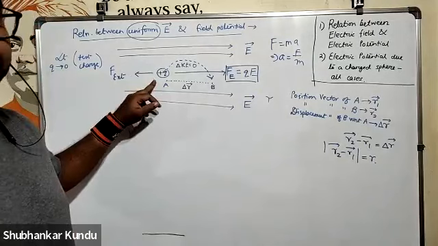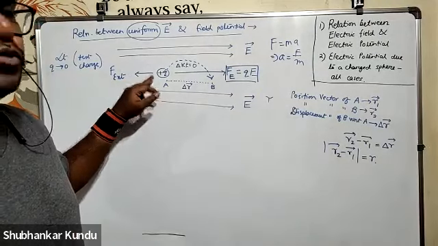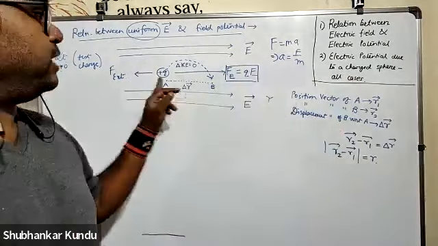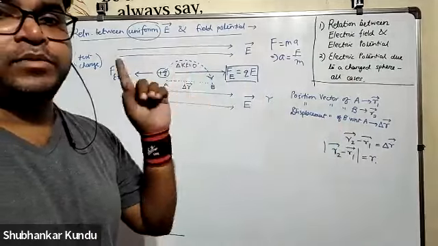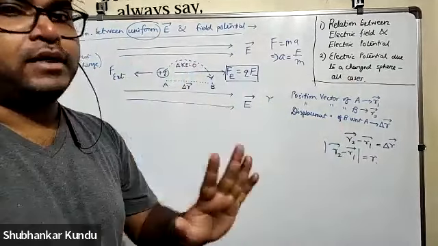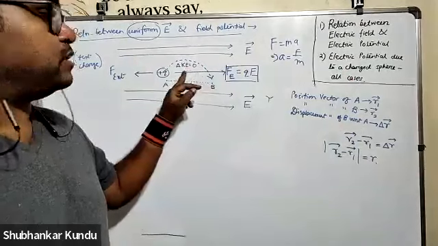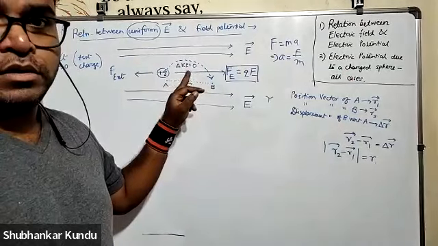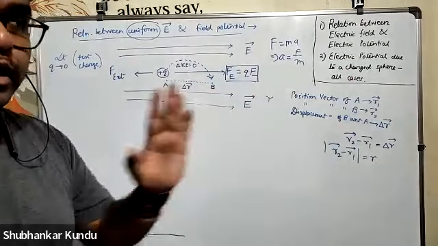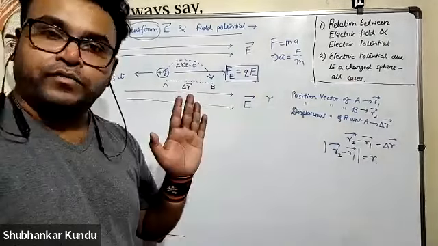We place this charge here. It is having a force Q into E in this direction. This force will accelerate the charge in this way. Acceleration means change in velocity. We cannot let velocity change because our target is to keep the kinetic energy constant. To keep kinetic energy constant, our v cannot change because kinetic energy is equal to half mv square.